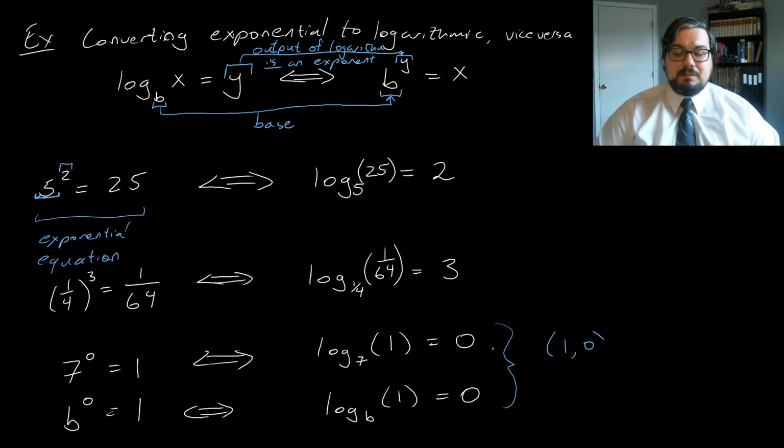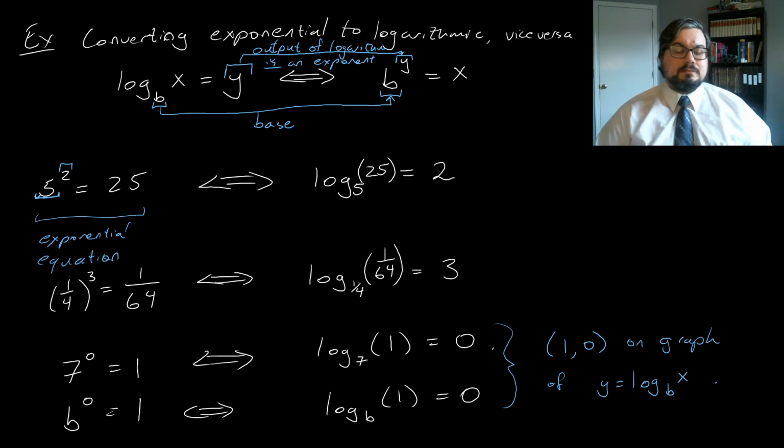And it tells us that the point (1, 0) is on the graph of all logarithmic functions y equals log base b of x. This actually shouldn't be surprising because the point (0, 1) is on the graph of every exponential function.